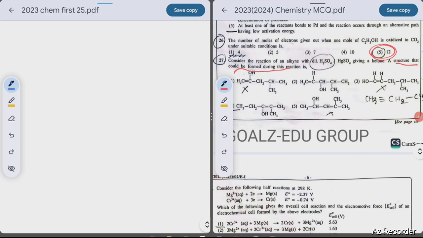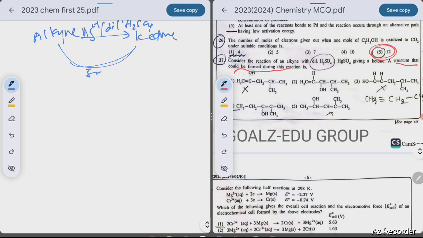Right, now if we take this first answer, you all know that alkyne reacts with dilute H2SO4 to give a ketone, right? Alkyne with this Hg2+ and dilute H2SO4 gives a ketone. Now you all have to find an intermediate in this pathway. What is the structure? Now if we take this first answer, there is a double bond now.